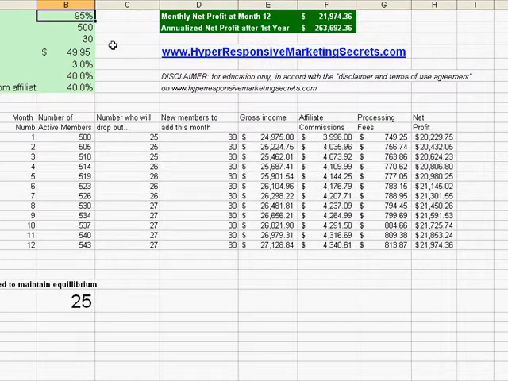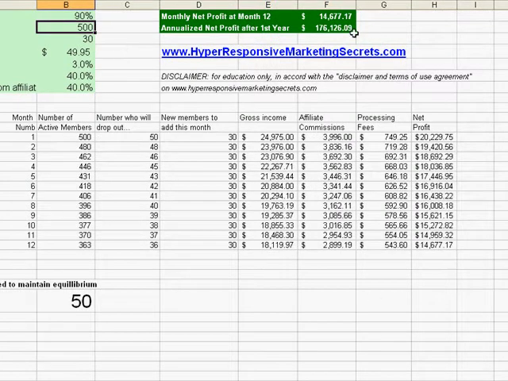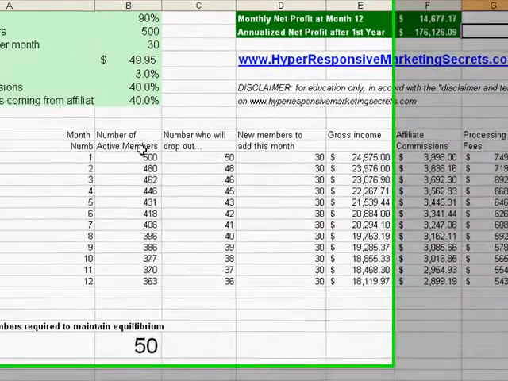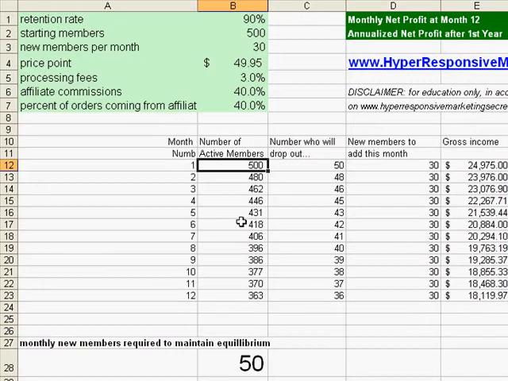However, if you drop this just down to 90%, look what happens. You're losing $75,000 a year, because you lost the ability to maintain equilibrium. Now your membership site is slowly losing customers, and you've got tremendous pressure to aggressively market and bring in new people.